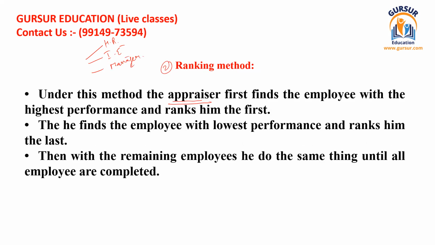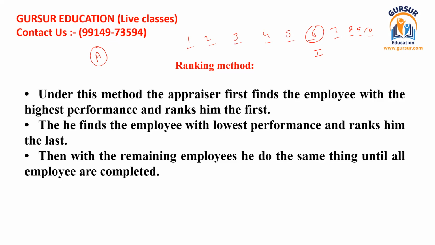Okay. So under this method, the appraiser first finds the employee with the highest performance and ranks them first. Suppose there are 10 employees: 1, 2, 3, 4, 5, 6, 7, 8, 9, 10. So there is appraiser A or manager A. He shall find whoever was the best performer and rank him first.